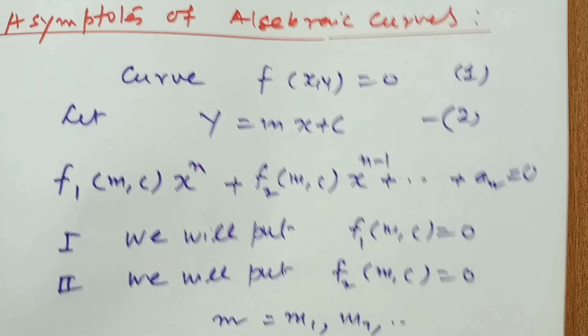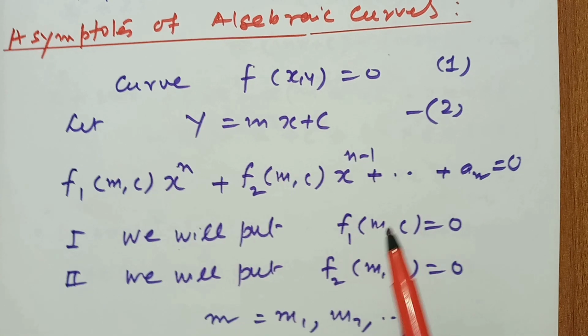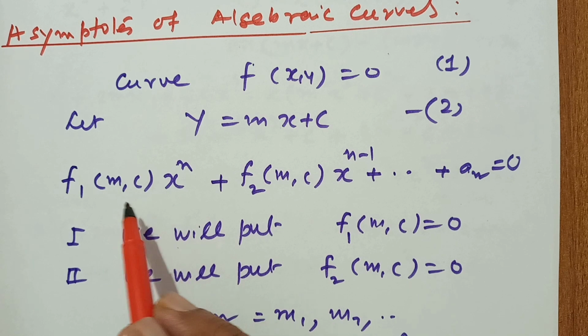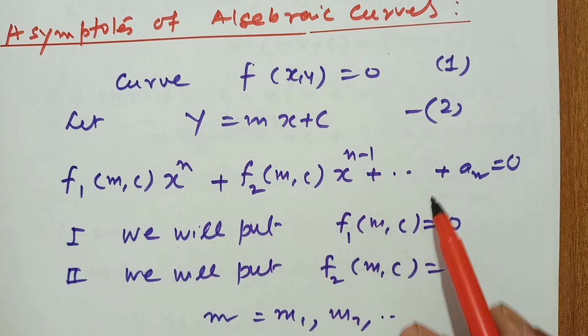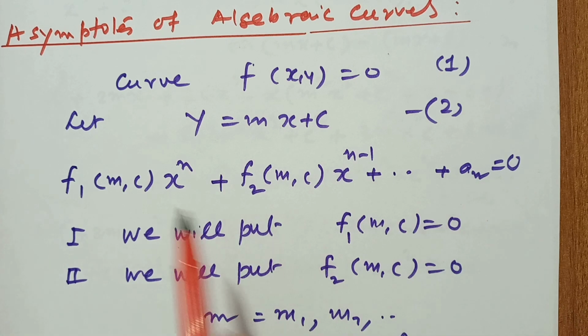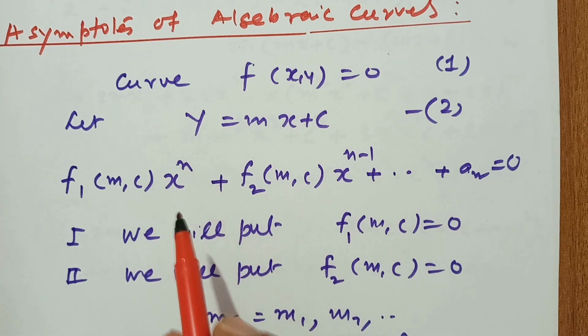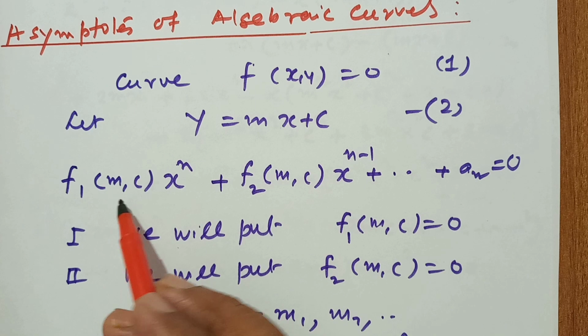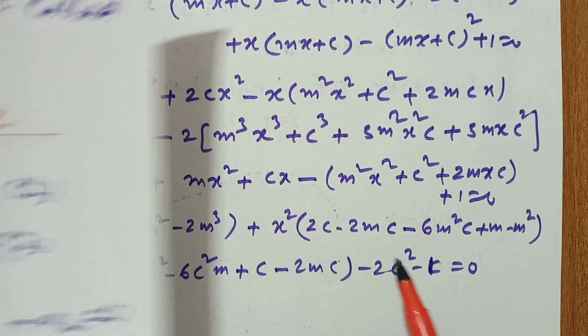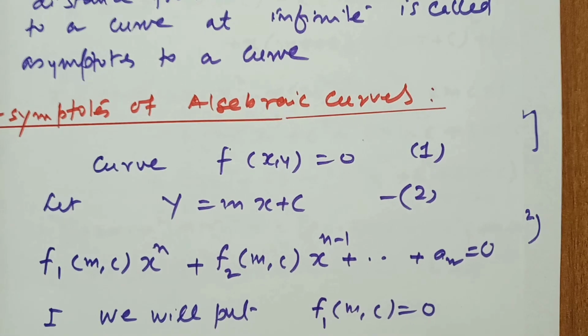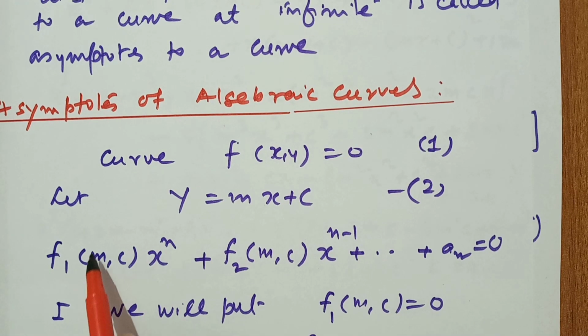So we get this type of equation, f1 x to the power n plus f2 x to the power n minus 1 plus and so on. The coefficient of x to the power n contains only m, not c.